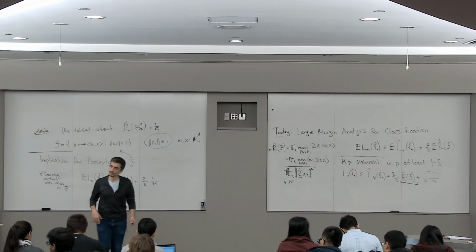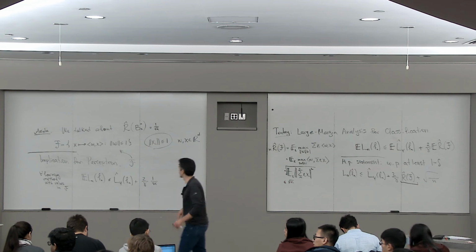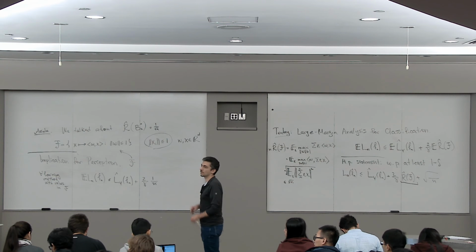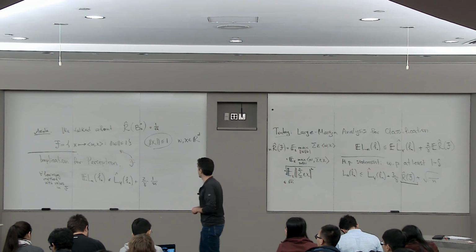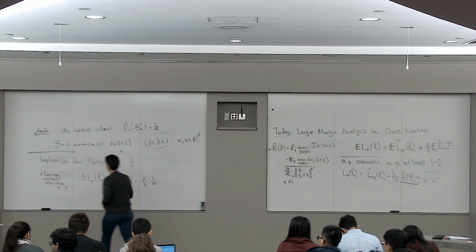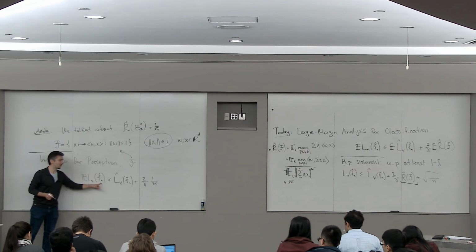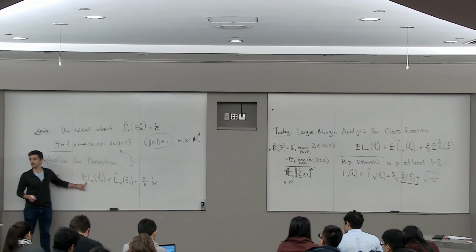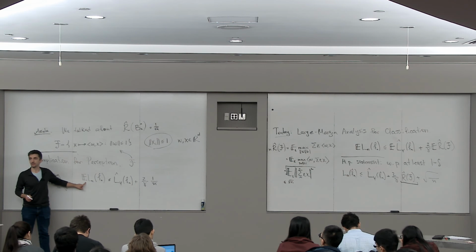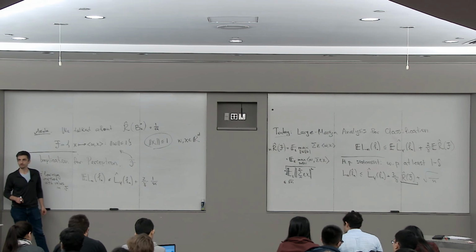Question? Yes? So when you say for any learning method, for any f hat? Yeah, for any f hat n, except I didn't want to say that, because f hat n depends on the data, and this is the expectation over the data. Does that make sense?